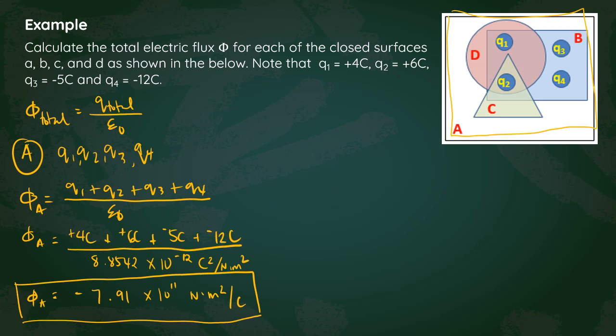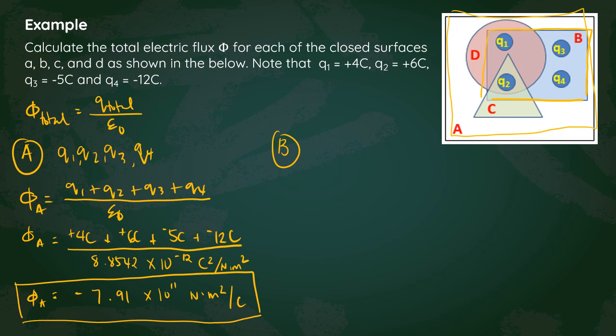Now for surface B, we have here this blue rectangle. What are the charges present on surface B?